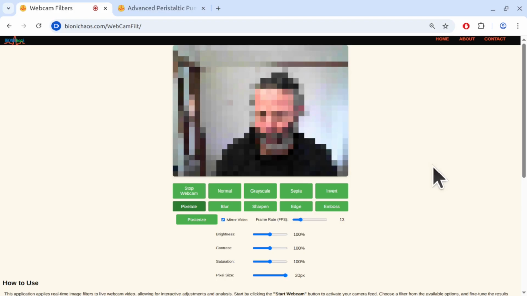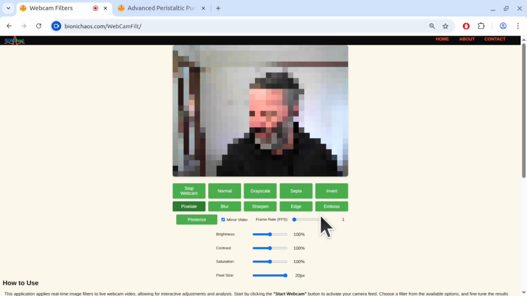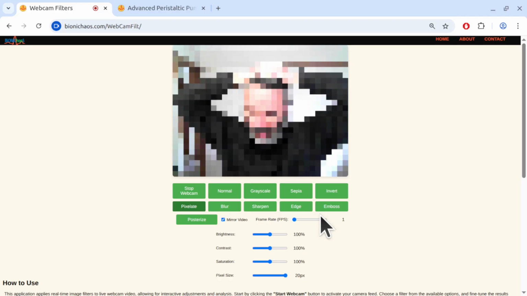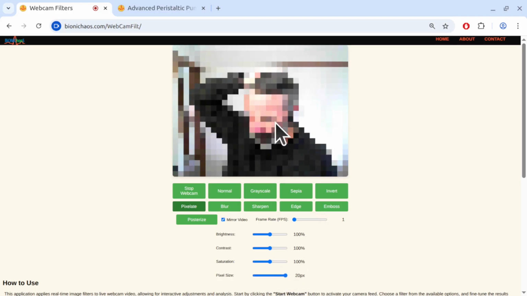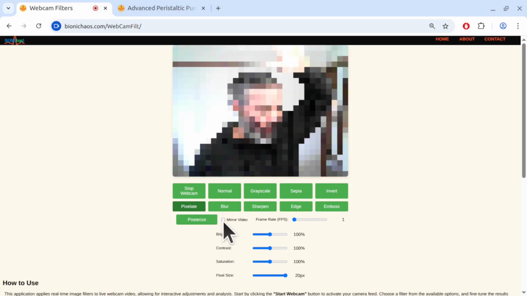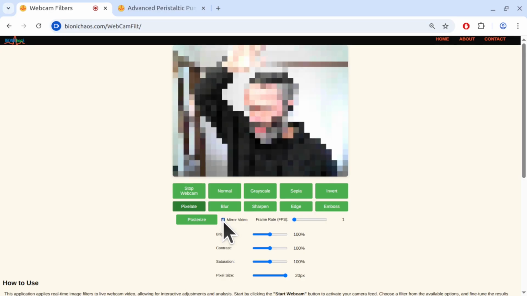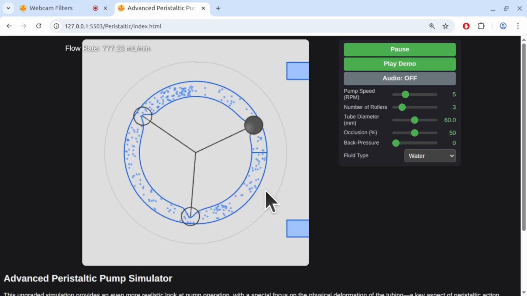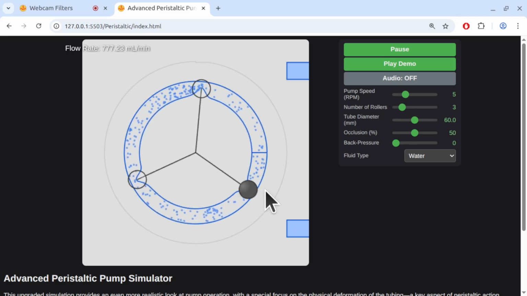Or the other one. We can do low FPS, 1 frame per second. Is that how Roblox works? And 20 pixel as the pixel size. We actually redo Roblox. Ooh, what happened there?